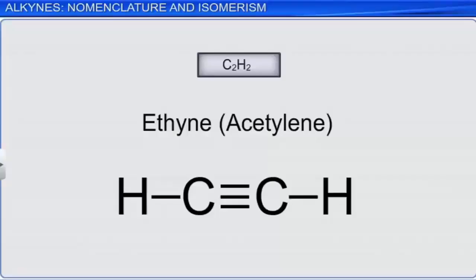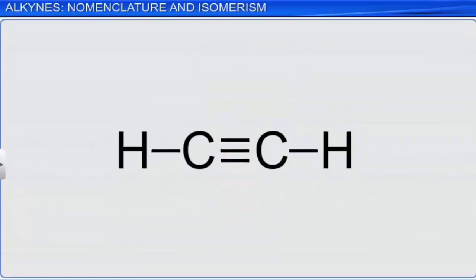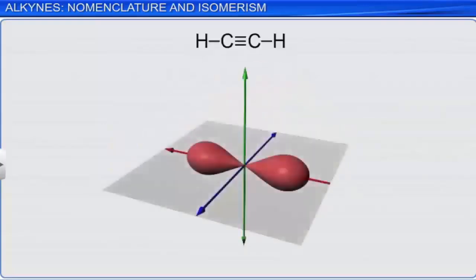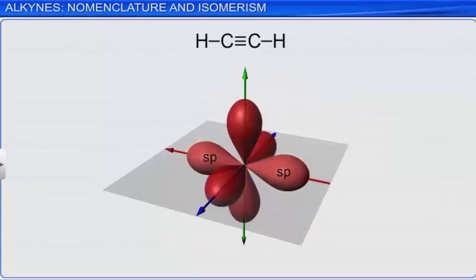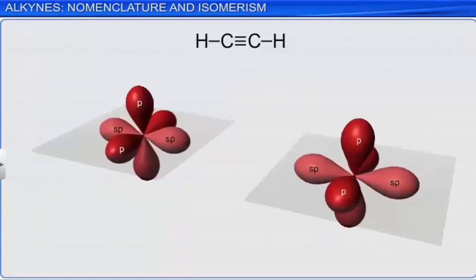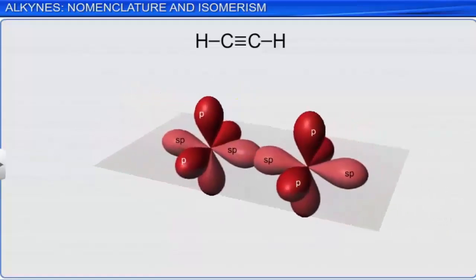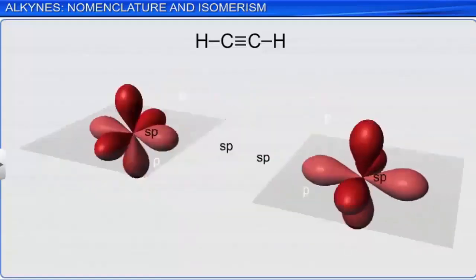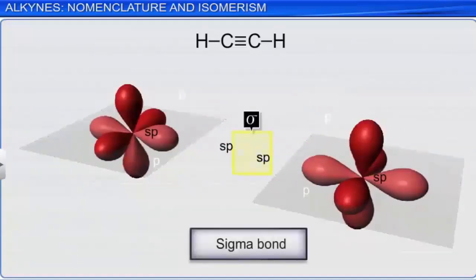Now let's understand the structure of ethine molecule in relation to a triple bond. An ethine molecule has two hydrogen atoms bonded to two carbon atoms. Each carbon atom has two sp hybridized orbitals and two unhybridized p orbitals. The head-on overlapping of the two sp hybridized orbitals of the two carbon atoms forms a carbon-carbon sigma bond.